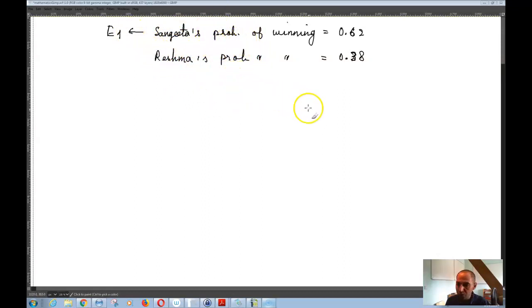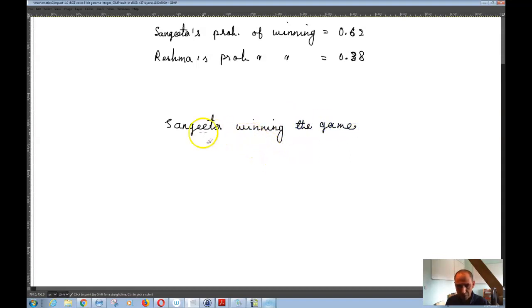If I want to talk about only the events occurring here, I would say Sangeeta winning the game, and for Sangeeta to win the game, Reshma has to lose the game. Reshma losing the game, right?